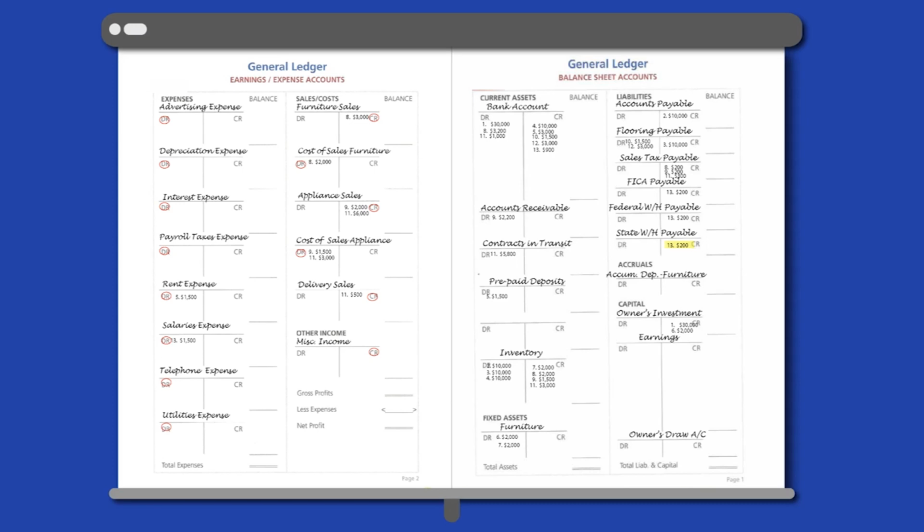You broke the $1,500 out between payroll tax expense and salaries expense, right? But whose payroll taxes are these? Are they ours or are they the employee's? They're the employee's. This payroll tax expense is only for our share of the payroll tax.